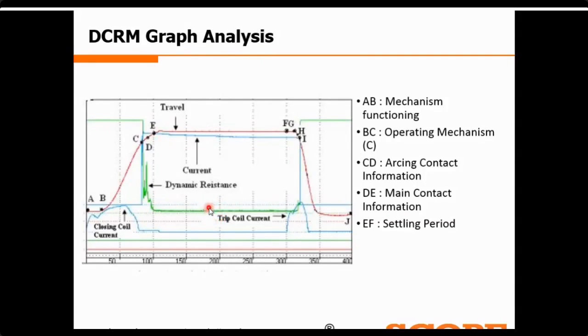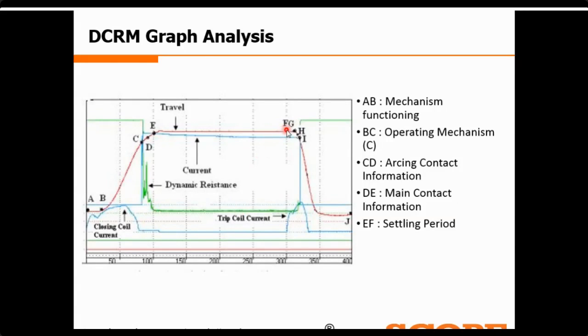That is why the resistance value is very low. From point E to F, the circuit breaker remains in closed condition as per the set time delay. During this period, the resistance is almost constant. Here, no bounces you will observe. This period is required for the damping of the vibrations.